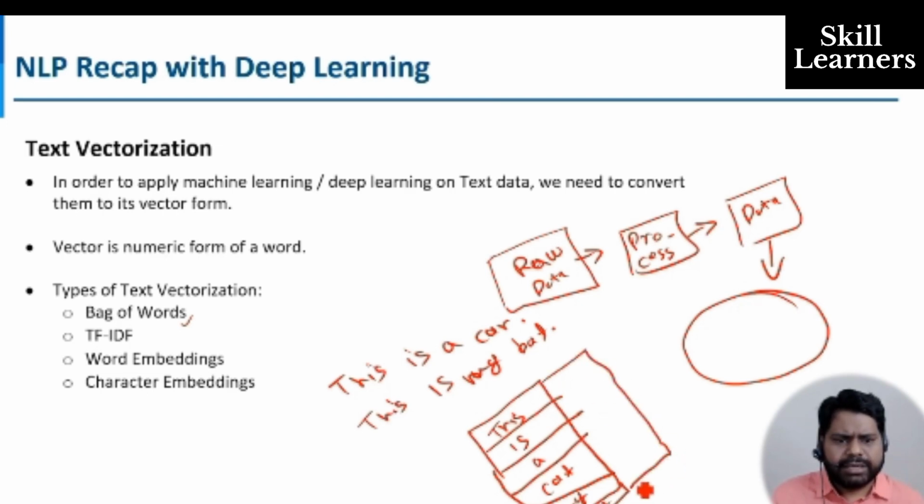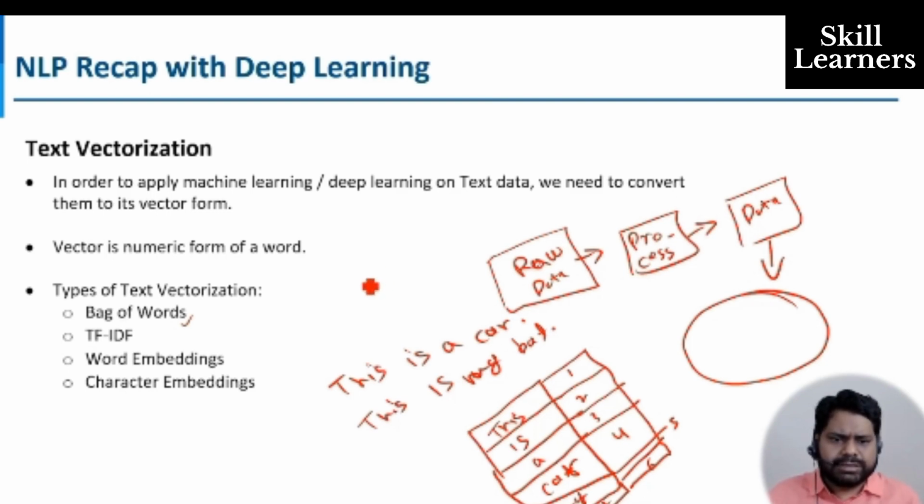So correspondingly they will get some IDs to uniquely identify them. Let's suppose this will get 1, is will get 2, car will get 3, this will get 4, my will get 5, bat will get 6.